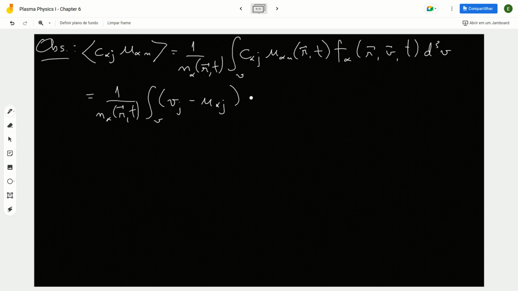Okay, this times alpha n f alpha d3v. And well, this is not a function of v, I can remove it from the integral. U alpha n over n alpha RT times the integral in v of this quantity.